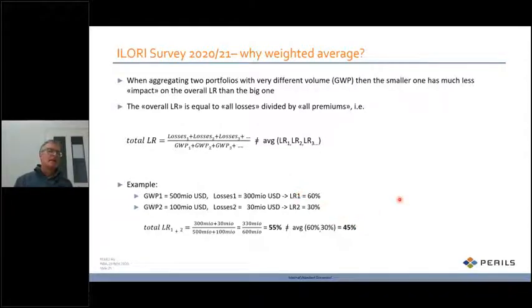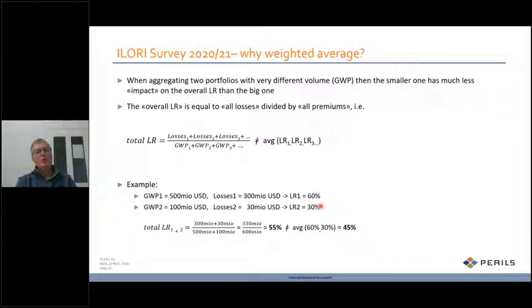We can look at a simple example. Having one big portfolio with $500 million US and corresponding losses of $300 million US, you would get for that company a loss ratio of 60%. On the other side, a substantially smaller second company with only $100 million US and $30 million losses, resulting in a 30% loss ratio.